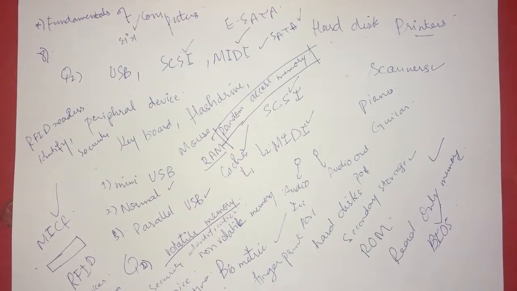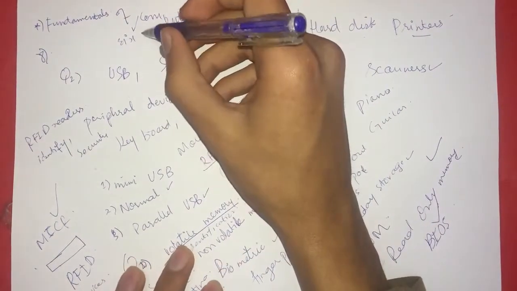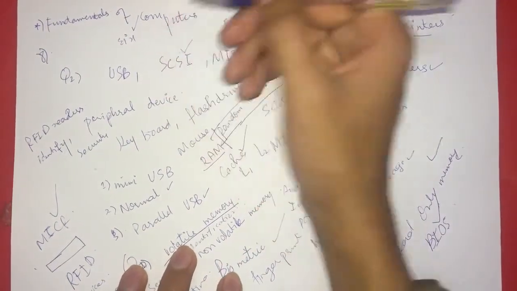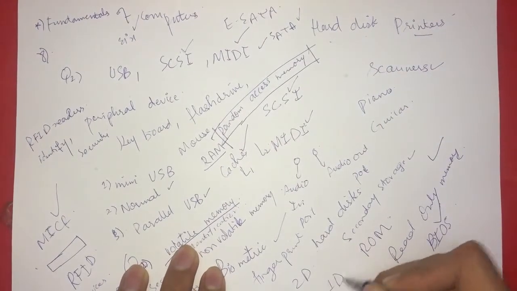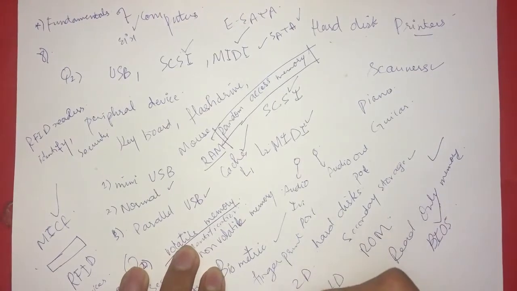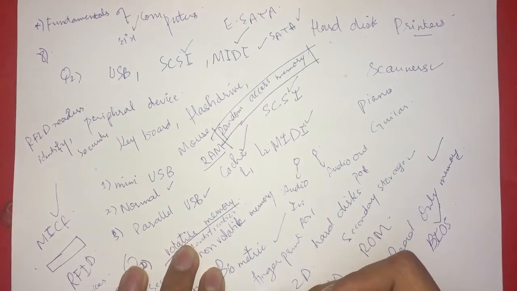Then you have barcode readers. Barcode readers are mostly present in grocery stores for identification purposes. So you have two kinds of barcodes. You have 2D barcode and you have 1D. In a one-dimensional barcode, you have a series of lines of different sizes and different lengths drawn in a series, and that is how you identify an object.